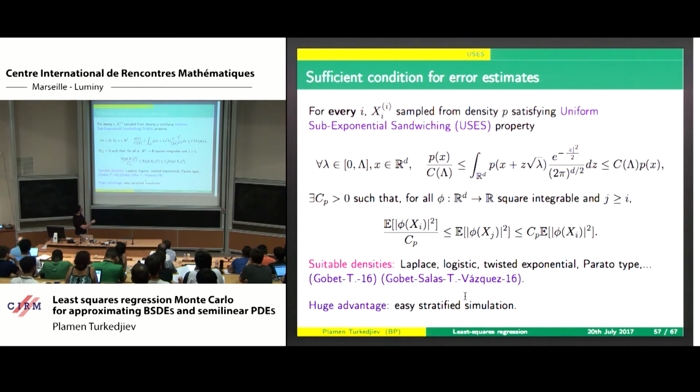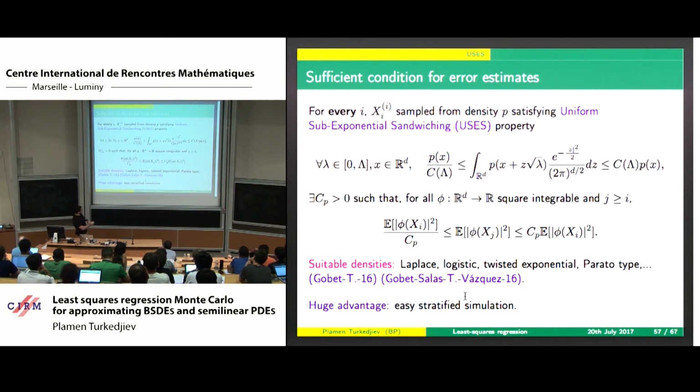If we can choose any law with density p, which satisfies this uniform sub-exponential sandwiching property. It basically means the convolution of the law with a Gaussian has to be bounded by itself, from above and from below.